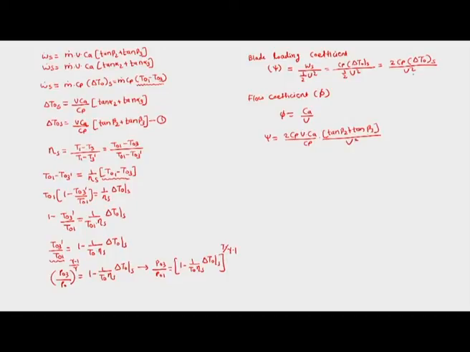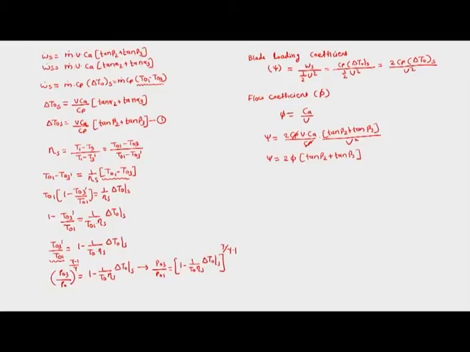So Cp would cancel, and then we can define psi in terms of phi, where we get 2 into Ca by u, which is phi, into tan of beta 2 plus tan of beta 3.